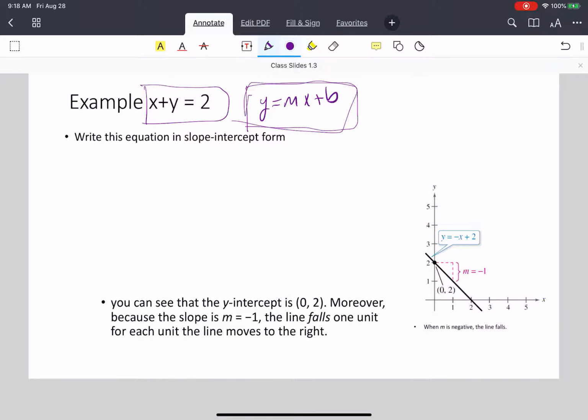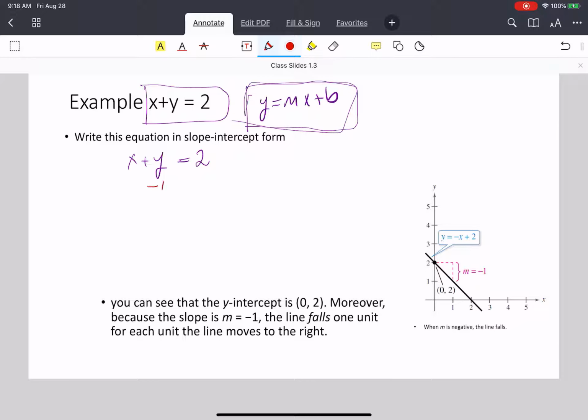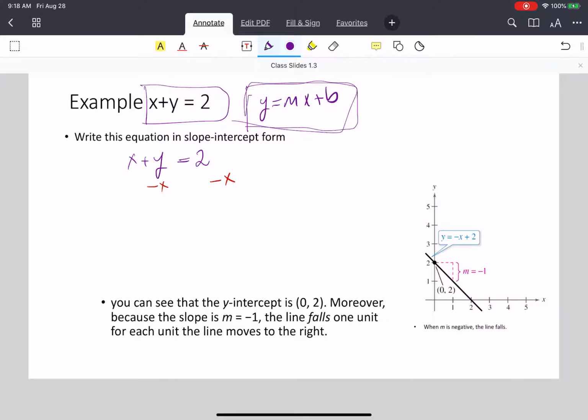So why don't we try to isolate y in the equation x plus y equals 2? For that, we'll move the x to the right hand side, so subtract x from both sides, and then we'll get y equals 2 minus x. So we'll reorganize this a little bit. y equals negative x plus 2, right? I'm just gonna reorder 2 and negative x.